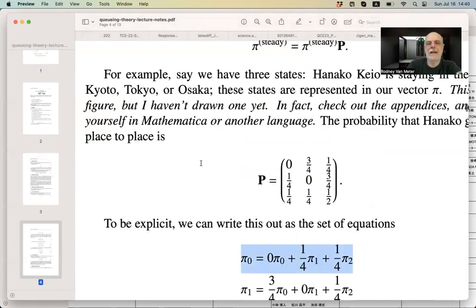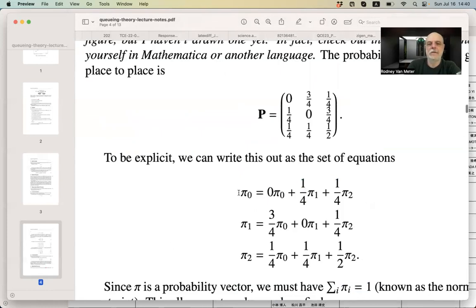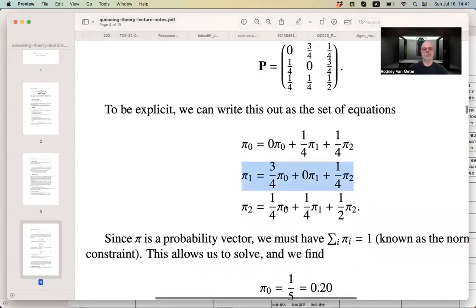If we want to satisfy this steady state equation up here, then pi 0 has to equal 0 times pi 0 plus 1/4 pi 1 plus 1/4 pi 2, following this column here. Pi 1 has to equal 3/4 pi 0 plus 0 pi 1 plus 1/4 pi 2.